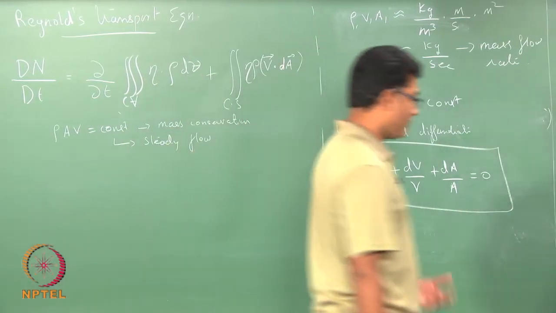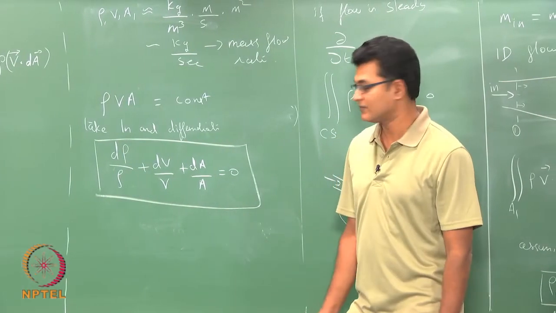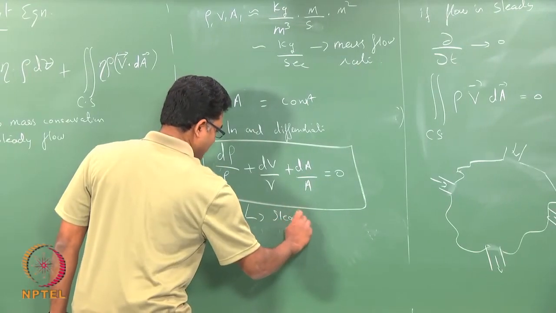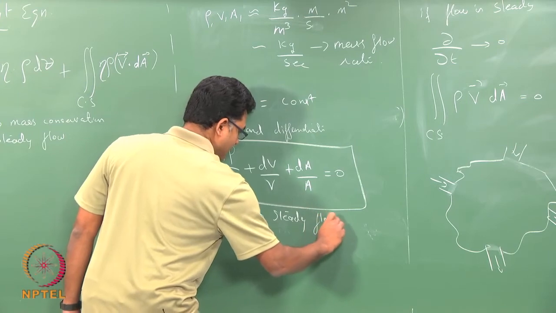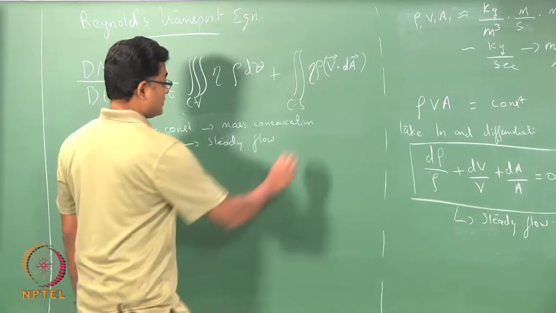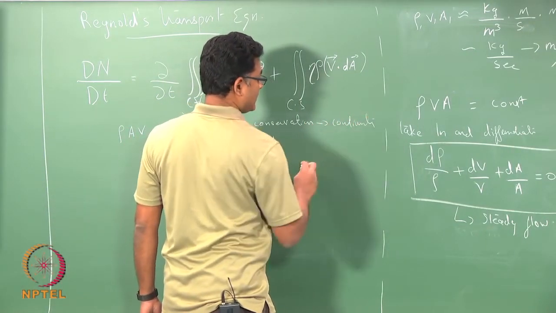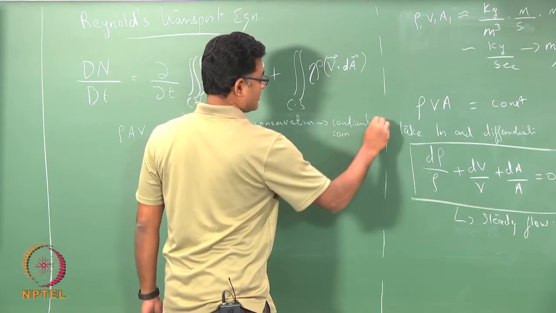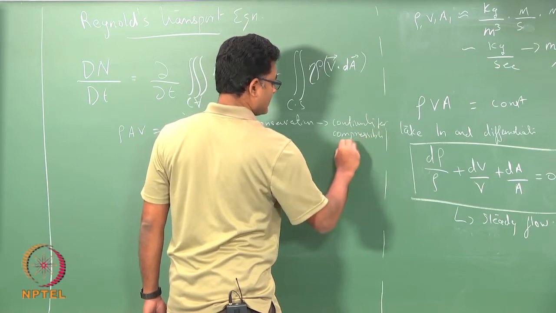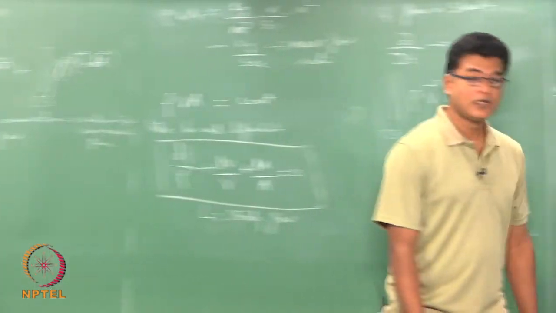This is the differential form of the same equation, which is applicable only for steady flow. Okay. So, this is also called the continuity equation for the compressible flow. For steady, again remember it is a steady flow.